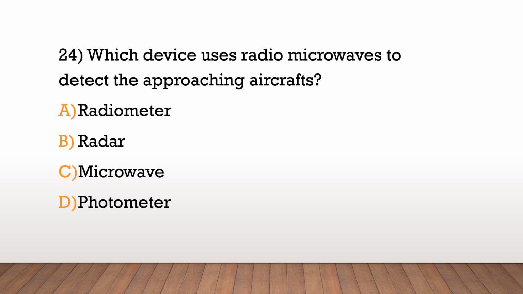Which device uses radio microwaves to detect approaching aircraft? A, radiometer, B, radar, C, microwave, or D, photometer. The correct answer is B, radar.